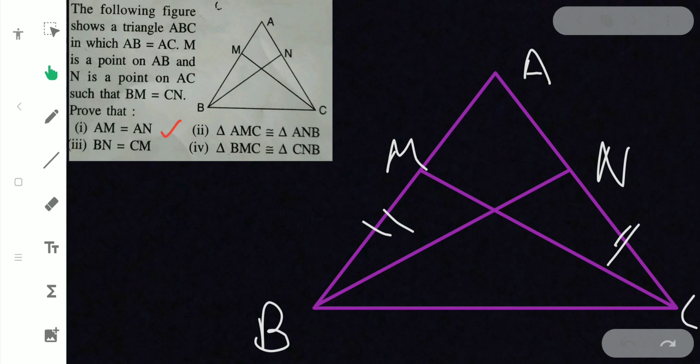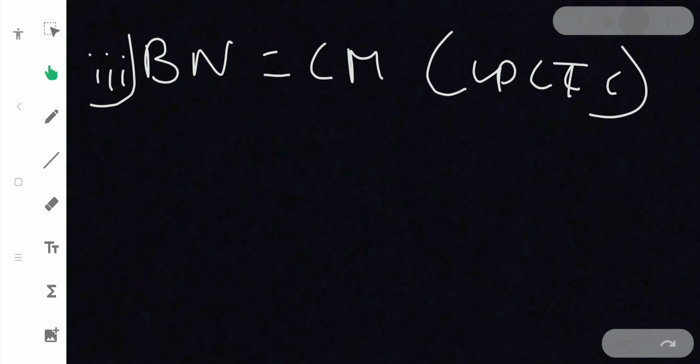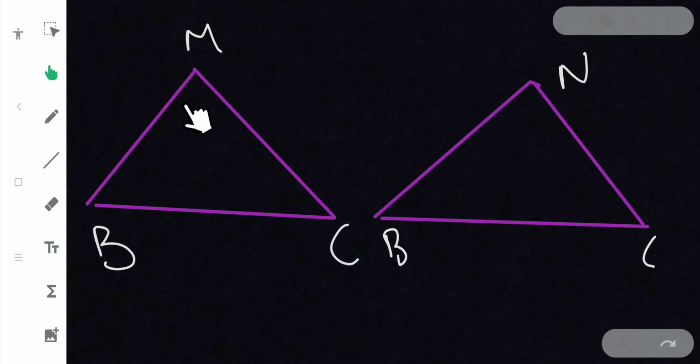I'm just getting into the diagram so you can have a clear picture like this: BMCN and BC. Now let us think what congruent parts we are having in order to prove that they are congruent.